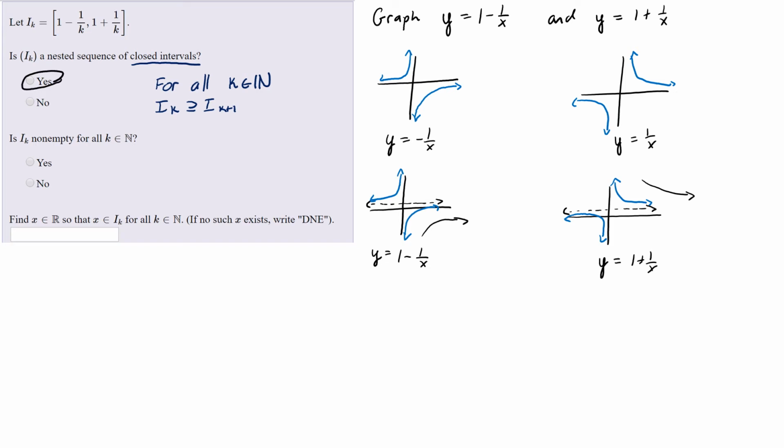As for if they're non-empty, we can also see from this picture that we're expecting this one is approaching 1 from above, and this one is approaching 1 from below. And so this is going to tell us that these are non-empty, and it leads us to believe that 1 is contained in all of these intervals.